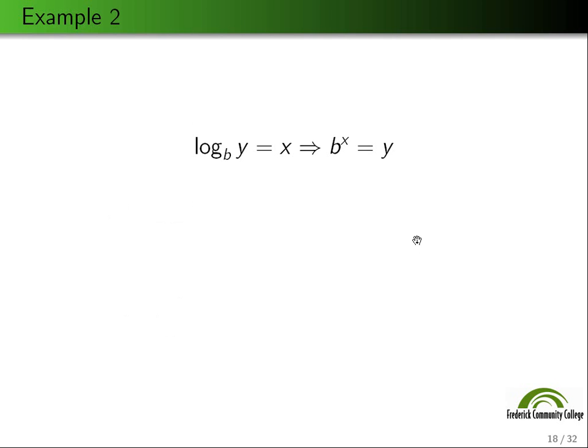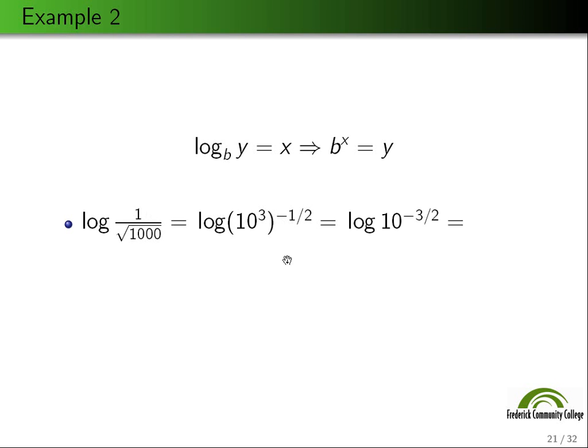I'm going to do a few more here. Log of 1 divided by the square root of 1000. So again, 1000 is 10 cubed, and the square root is the same as raising it to the 1/2, so we send it upstairs. That makes the 1/2 negative. So multiplying the exponents here, we get negative 3/2.